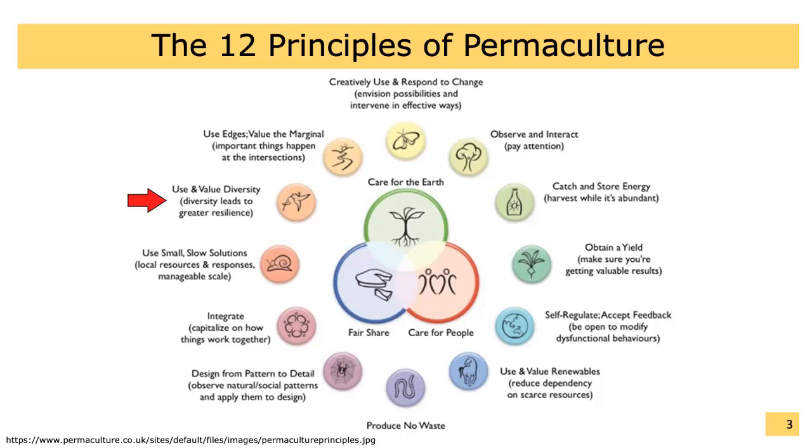Use and value diversity. This principle addresses one of the major shortcomings of industrial agriculture, that is monoculture crops. It embraces polyculture and makes effective use of diversity of plants to overcome the problems of pests, diseases, and extreme weather. Use edges and value the margin.